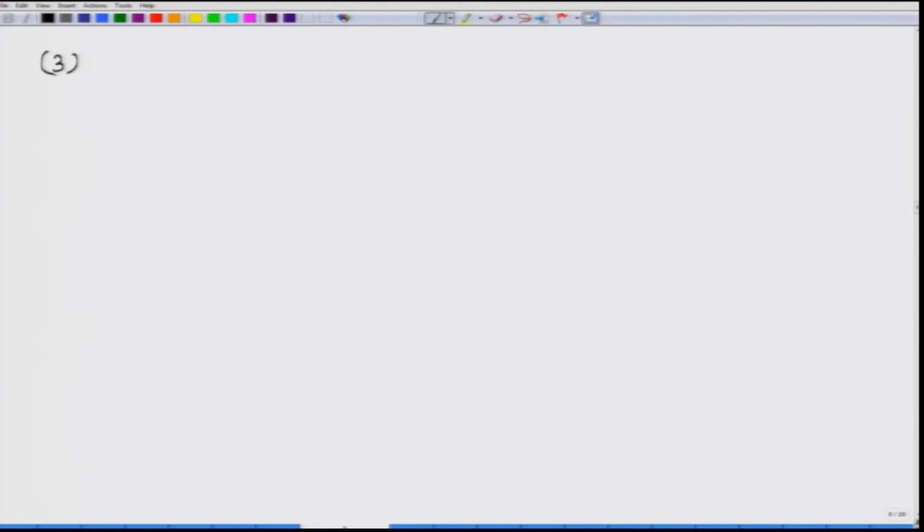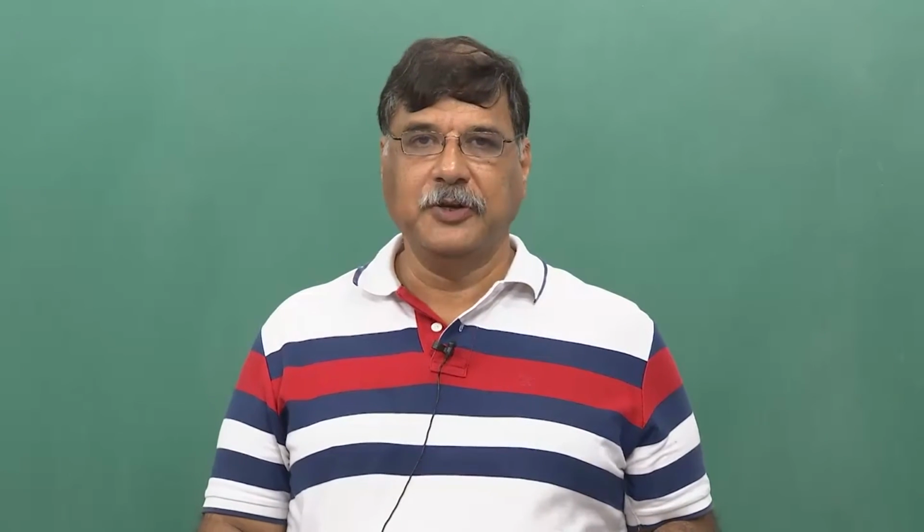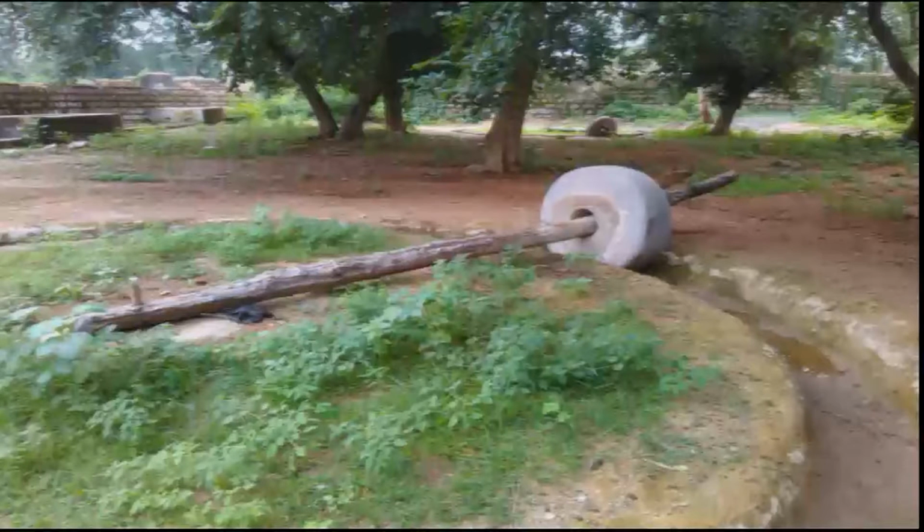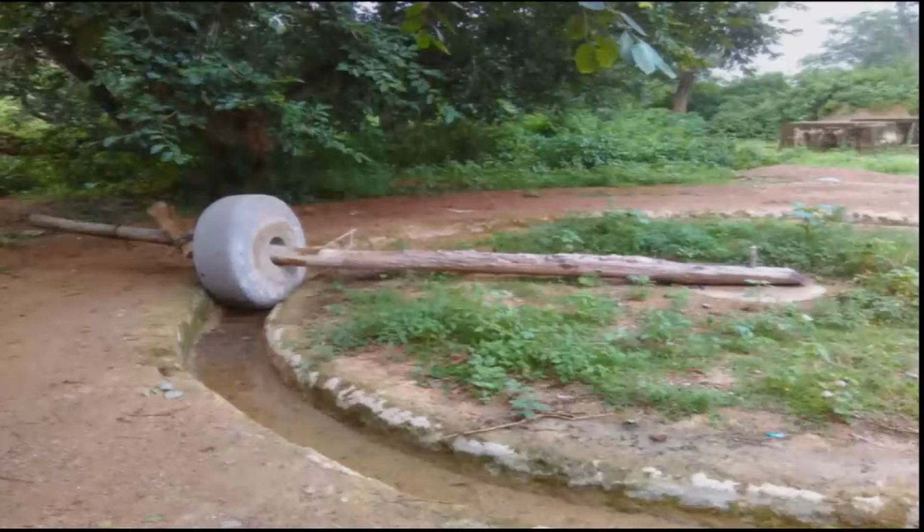For the third problem, I first want to show you a picture. This is the picture of a mill taken at a place called Orcha in Madhya Pradesh, and what it does is it is used to mix and press upon the materials to make that mixture which is used to repair the palace out there. The mixture consists of mud and some dal and cement and things like those.